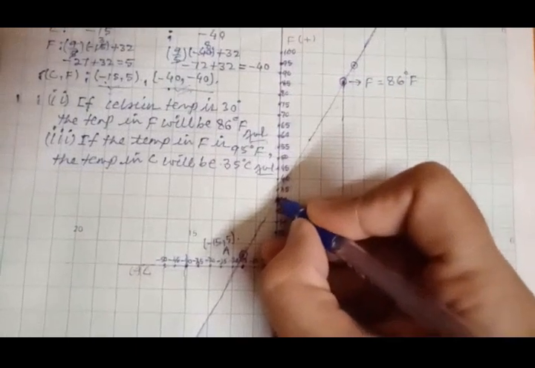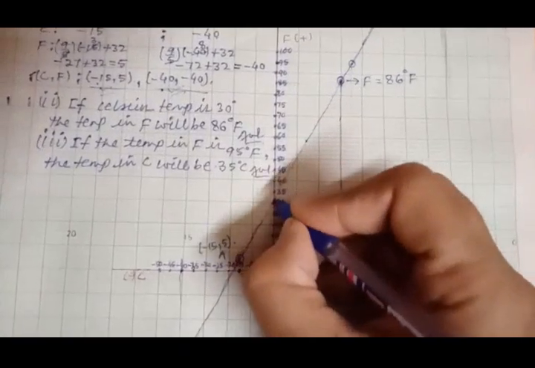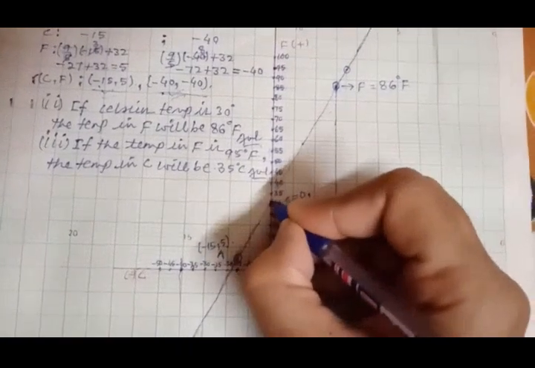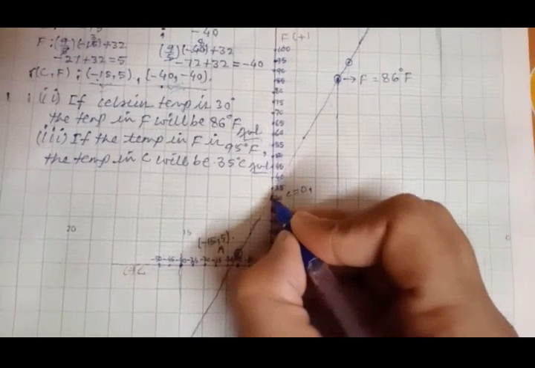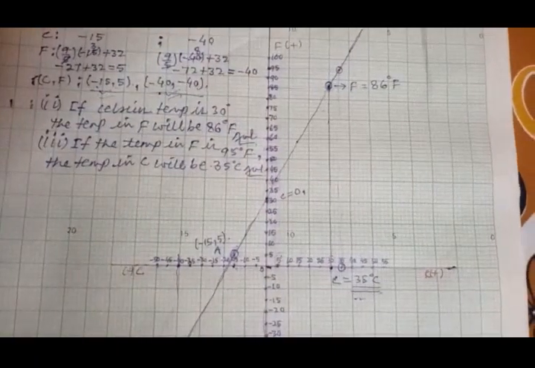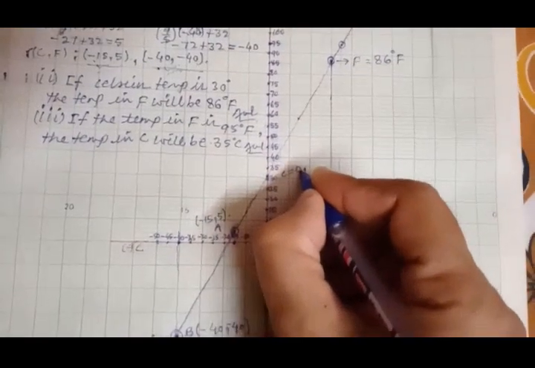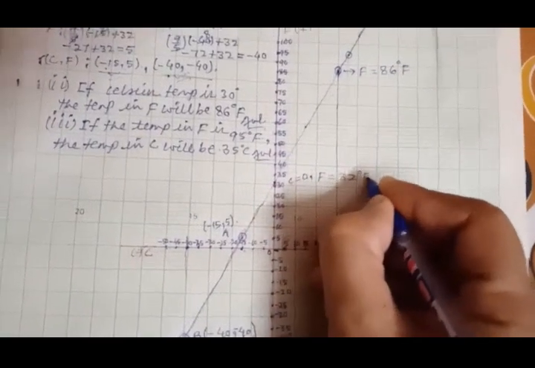So that's the point which lies on the Fahrenheit axis and the straight line as well, for which the Celsius is recorded as 0. Let's check the respective Fahrenheit reading. As you could notice, this Fahrenheit reading is just above 30 but below 35. So this would be very like 32 degrees Fahrenheit. Thus you may declare that if the Celsius reading is recorded as 0, the Fahrenheit reading is found to be 32 degrees Fahrenheit.